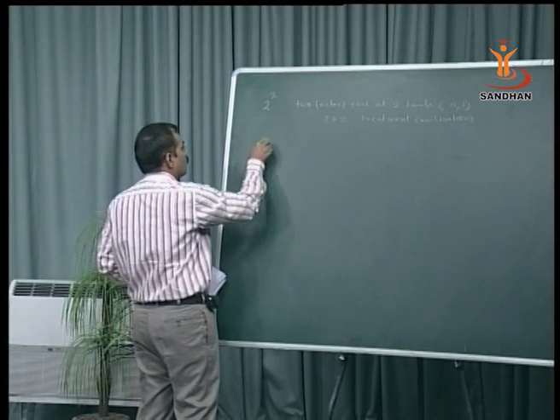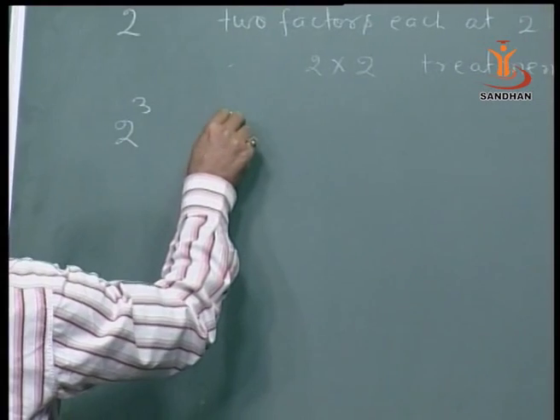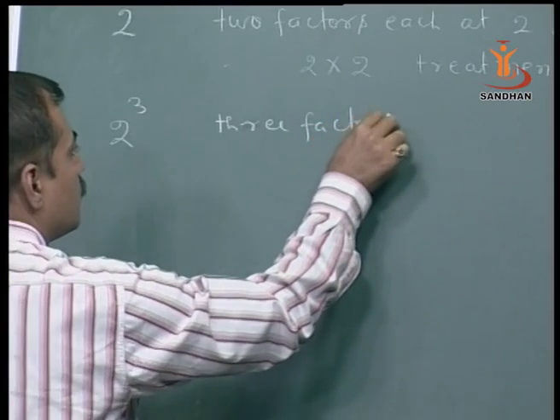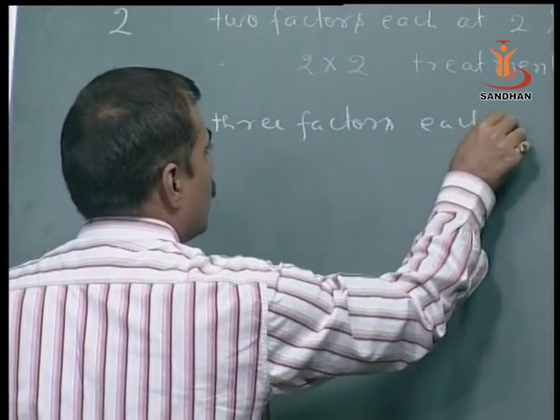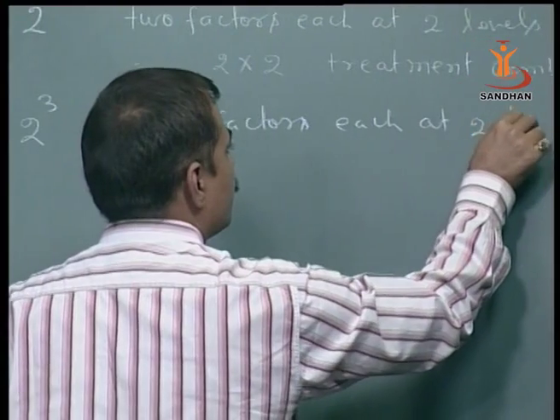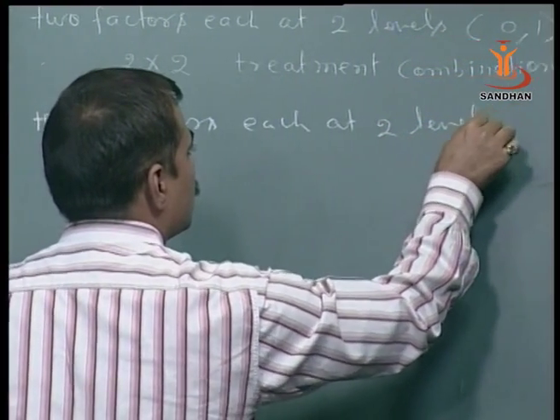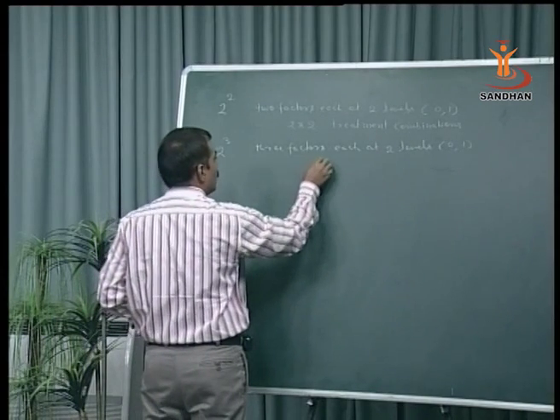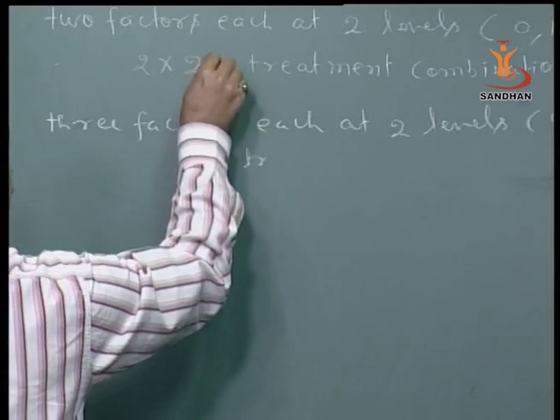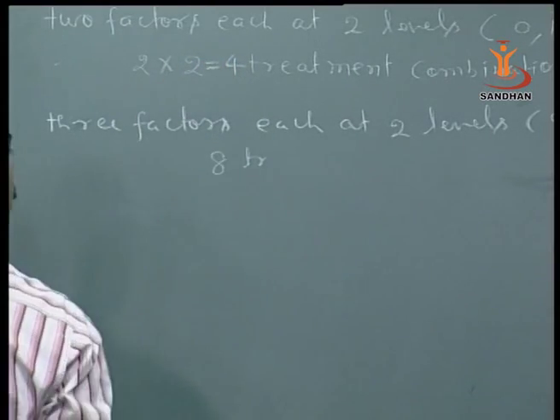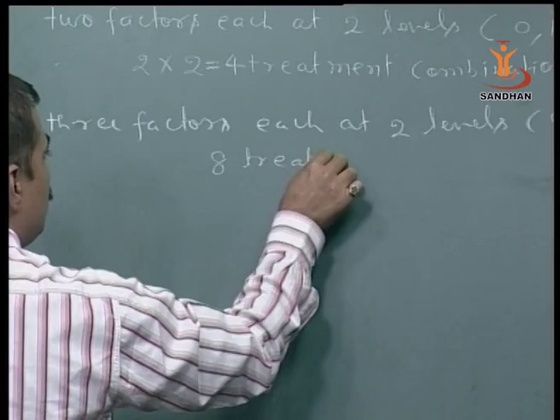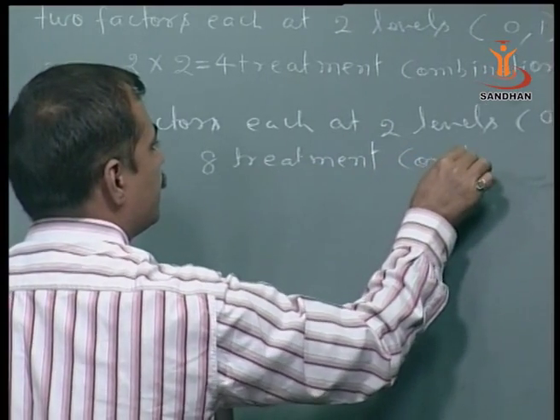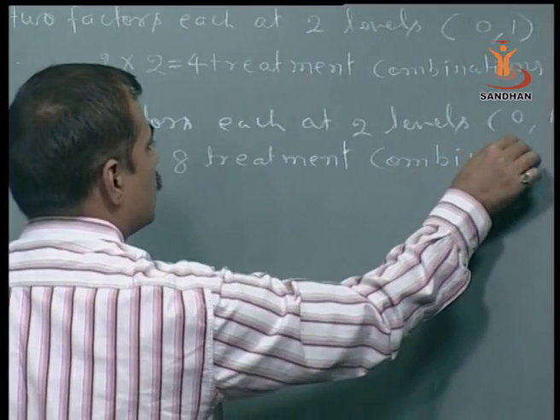Similarly, if we take 2 raised to power 3, 3 factors, each at 2 levels, say 0 and 1, so here will be total 8 treatment combinations in all.